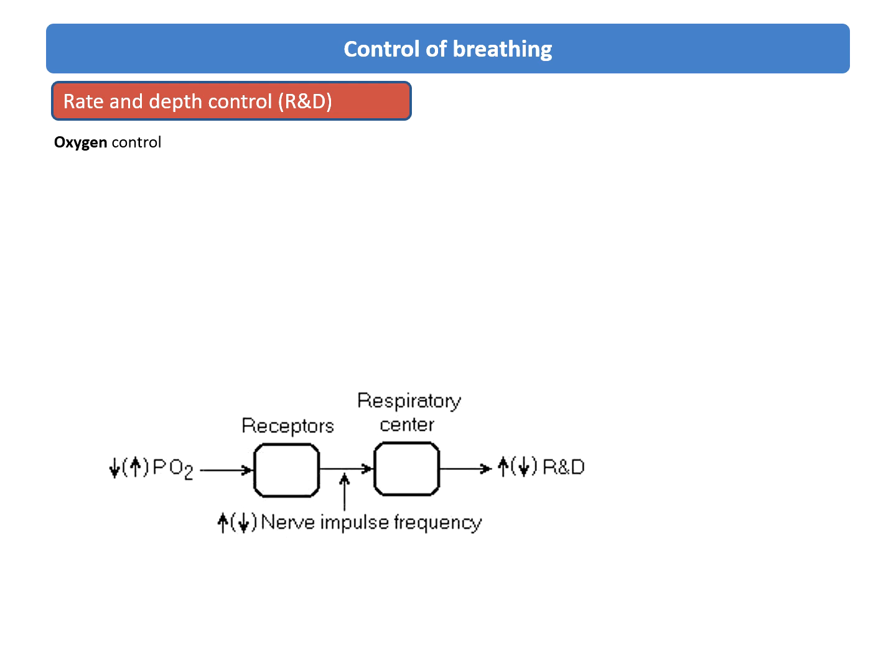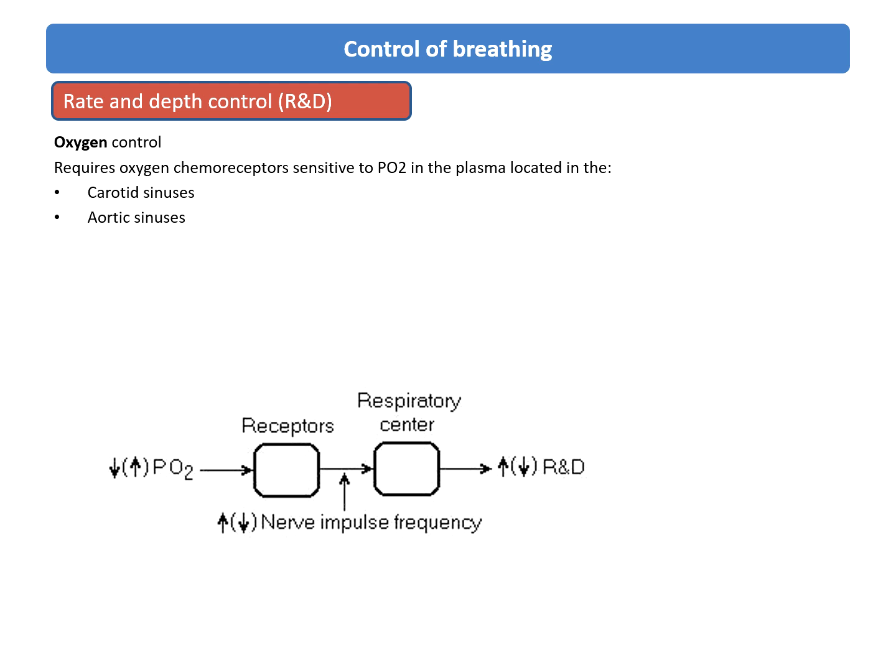What about oxygen control? This requires oxygen chemoreceptors, which are sensitive to partial pressure of oxygen in the plasma. These as well are located in the carotid sinuses and the aortic sinus. But there are no oxygen receptors in the medulla.